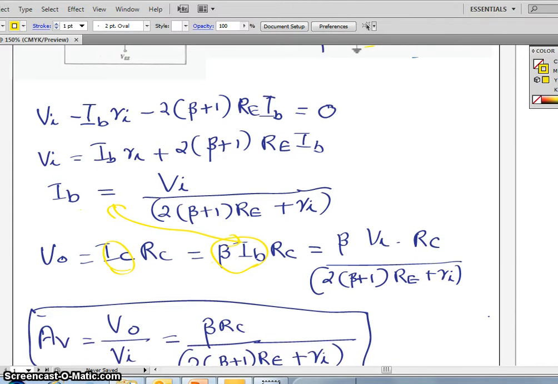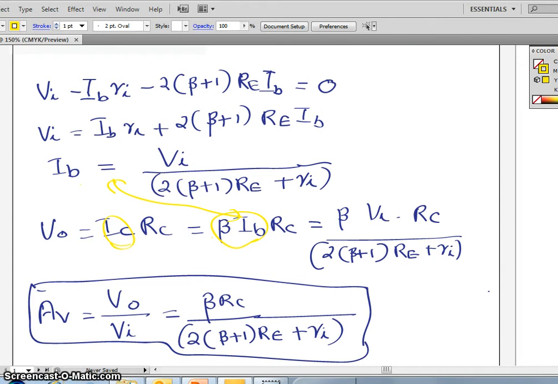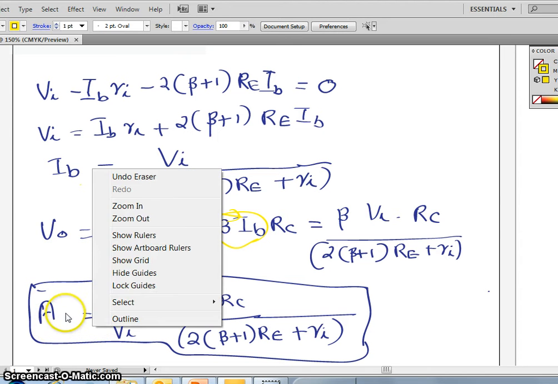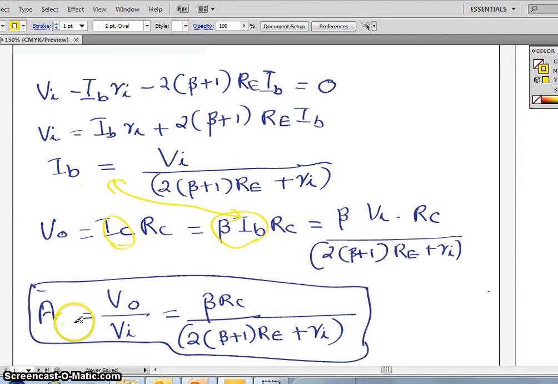So what is the voltage gain? Voltage gain is equal to VO divided by VI. This is the common mode voltage gain, which I represent by AC.